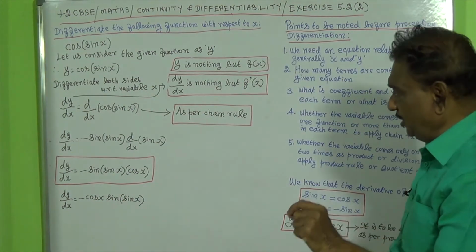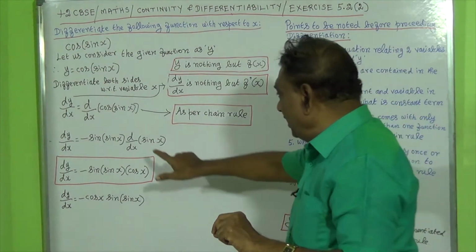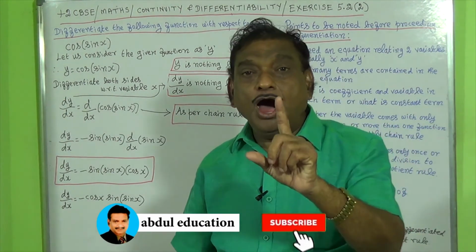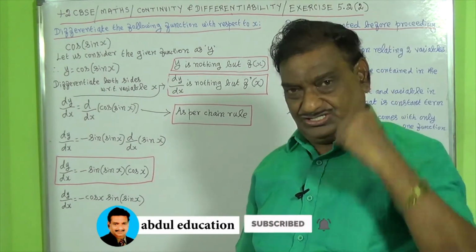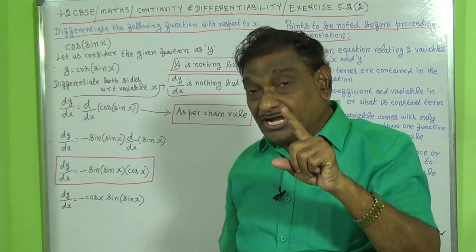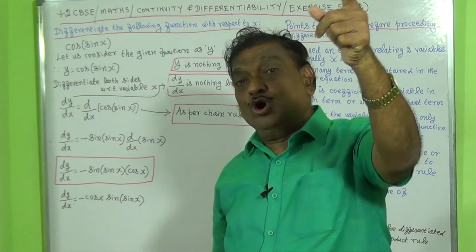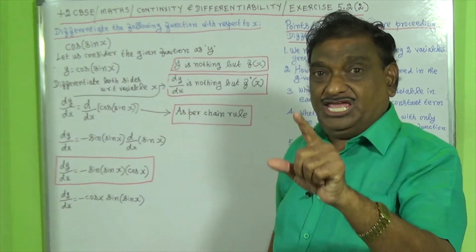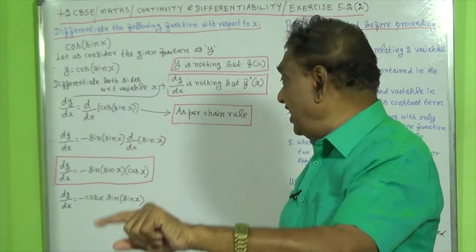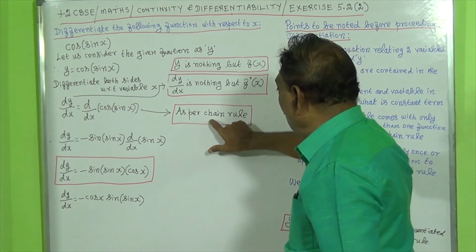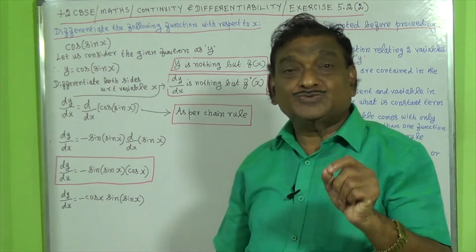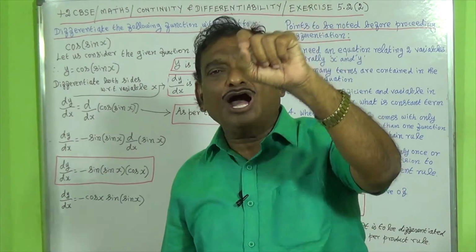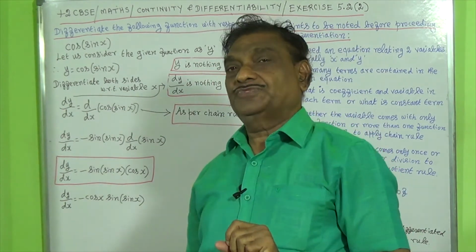There is no coefficient, there is also no constant term. We have to see whether the variable comes with only one function or two or more functions. If it comes with two or more functions, it should be differentiated as per the chain rule, that is, as per the function of function, that is, as per the composition of function.